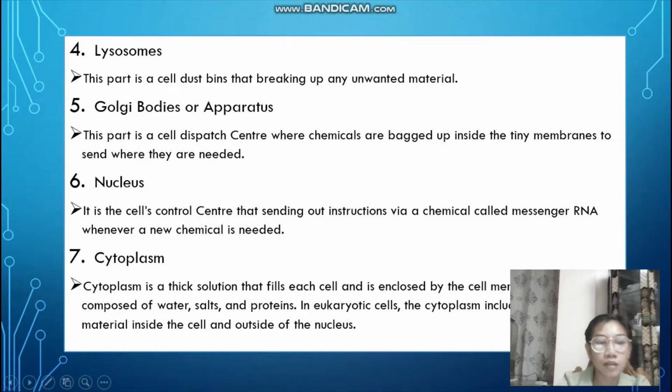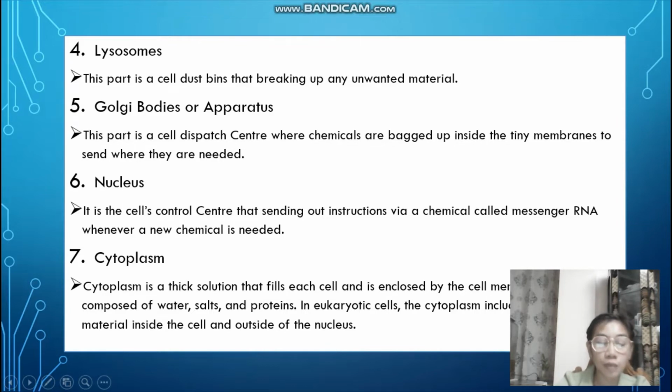This part of the cell is the dispatch center where chemicals are bagged up inside tiny membranes to send where they are needed. And the nucleus is the cell's control center, sending out instructions via a chemical called messenger RNA whenever a new chemical is needed.